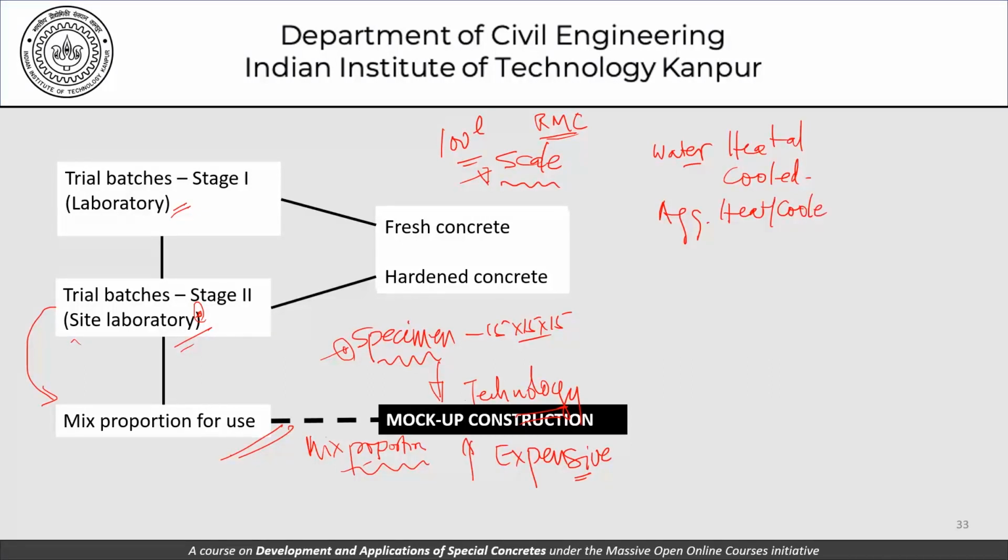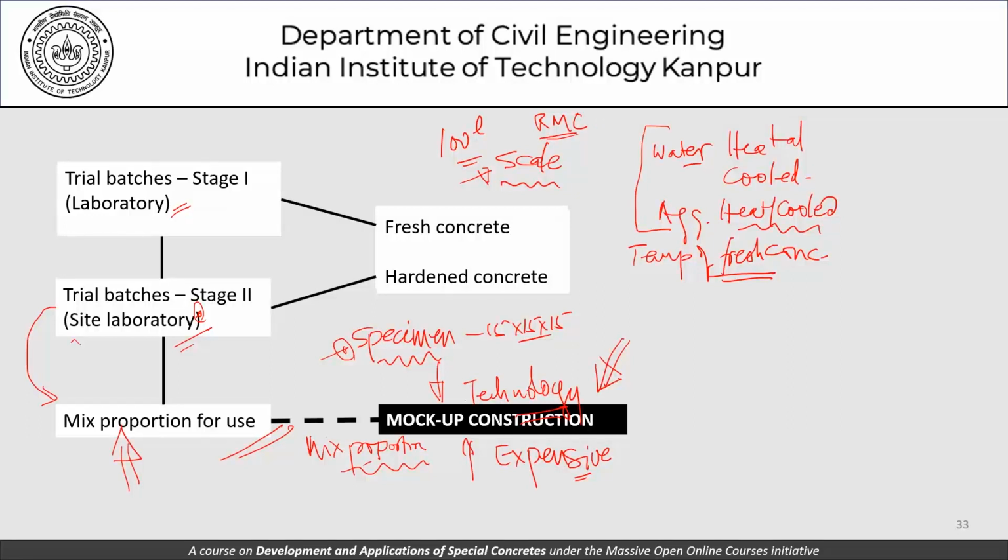If this is to be done, carrying out the proportioning in the lab is quite different from doing it at an RMC plant and then ensuring the temperature of fresh concrete. So these are the things you have to do in a mock-up construction, at a slightly larger scale, to make sure that the proportions that have been determined are in order.